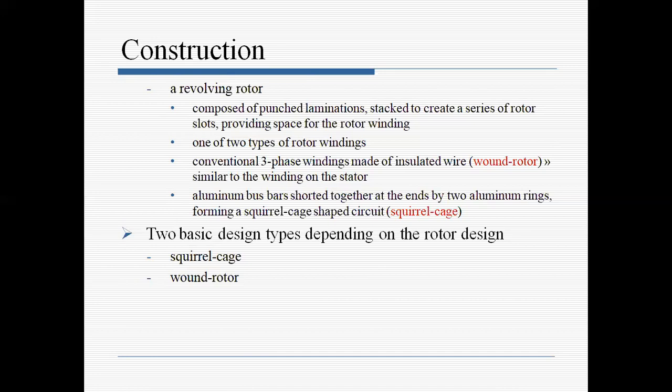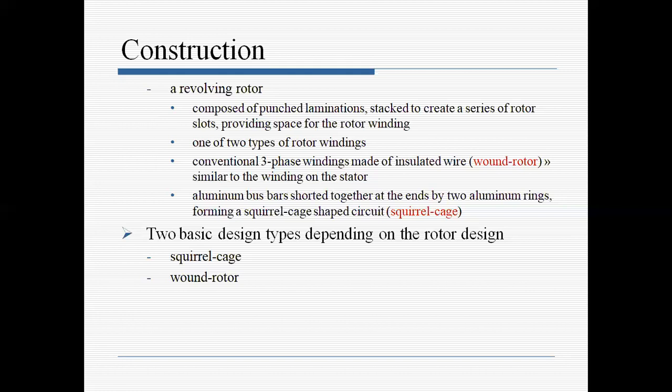Depending upon the rotor construction, we have two kinds of induction motors: the squirrel cage induction motor and the wound rotor induction motor, that is, the slip ring induction motor.